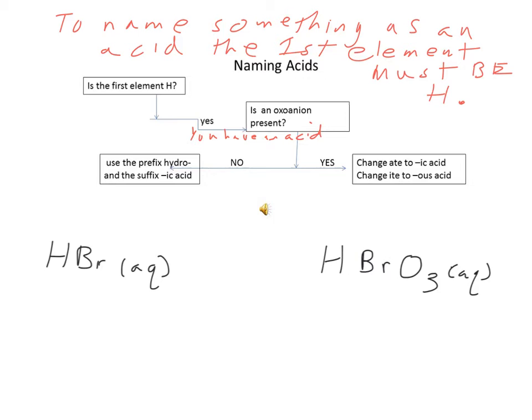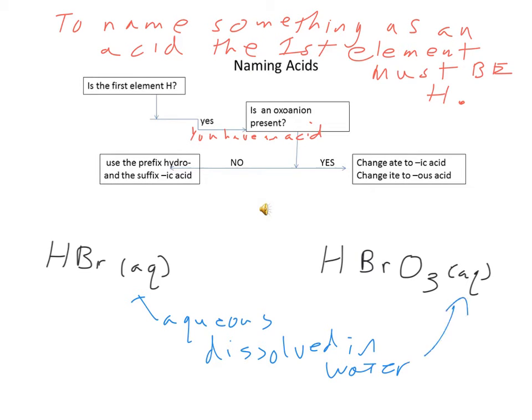Therefore, your textbook, at least for one chapter, will be very rigid about whenever they write an acid, having it in the aqueous phase, which means you'll see these parentheses here with the letters AQ for it, meaning aqueous or dissolved in water.